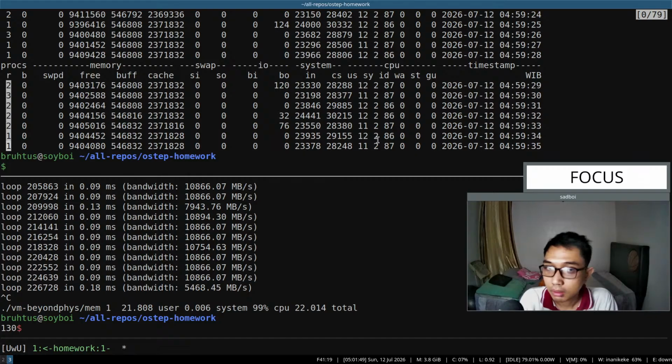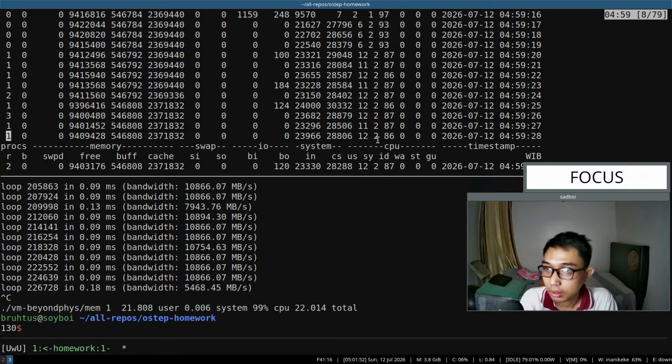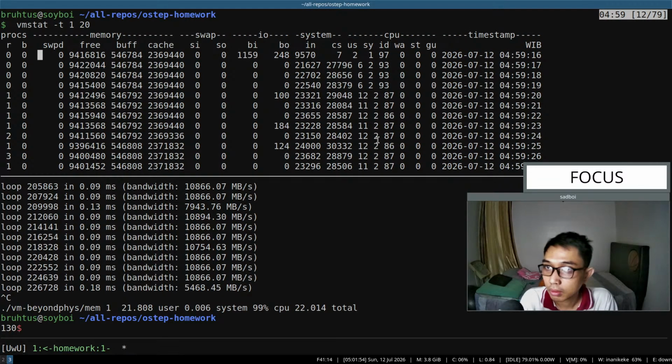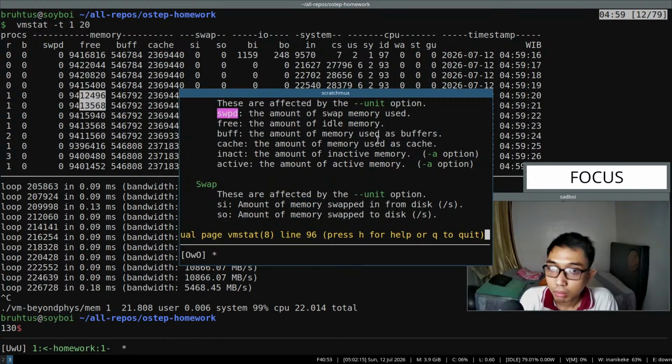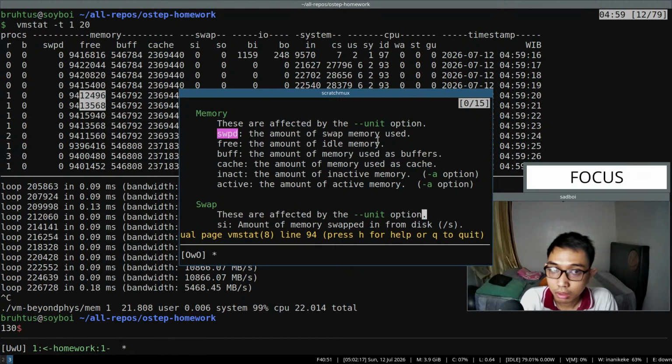Is there any difference here? This one is before, I assume, before running the script or the simulation, and then this is when we run the script or simulation. Okay, the free memory or the idle memory.